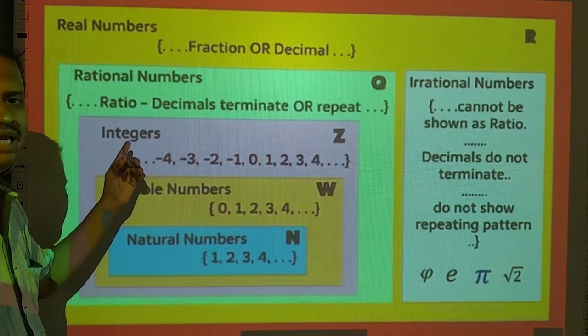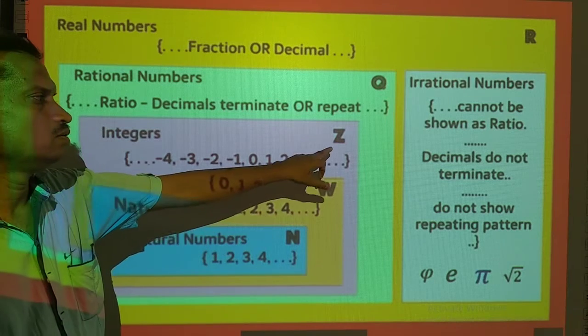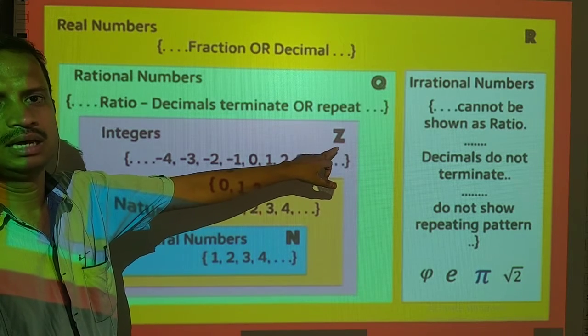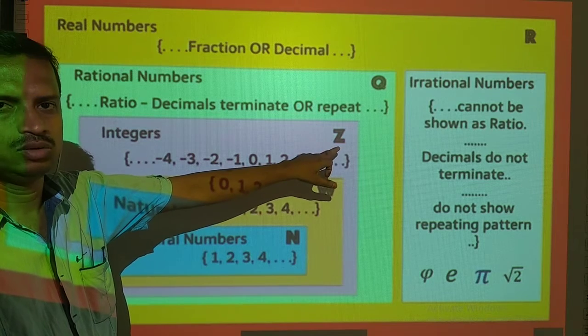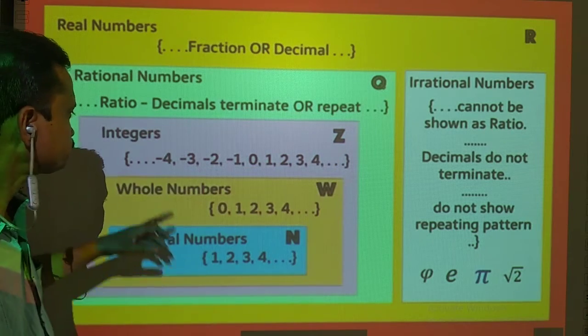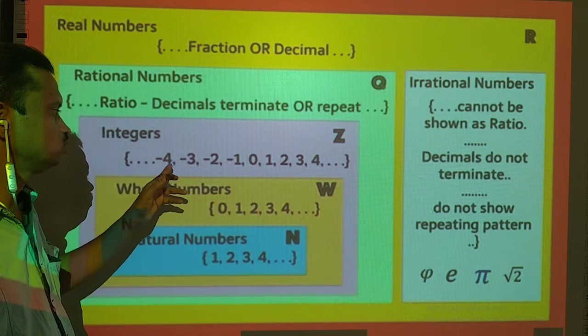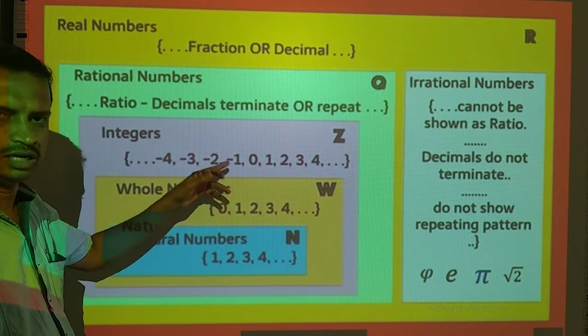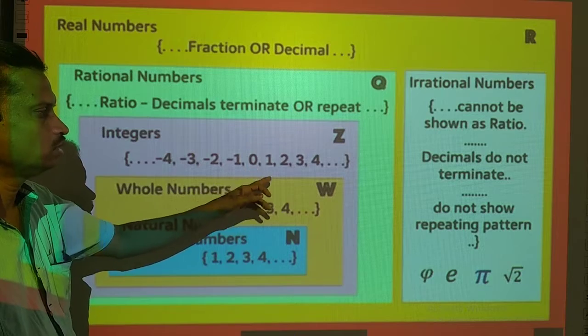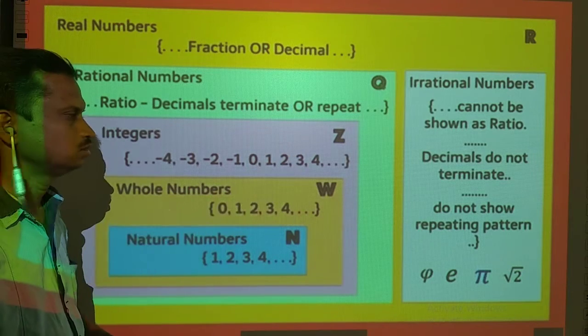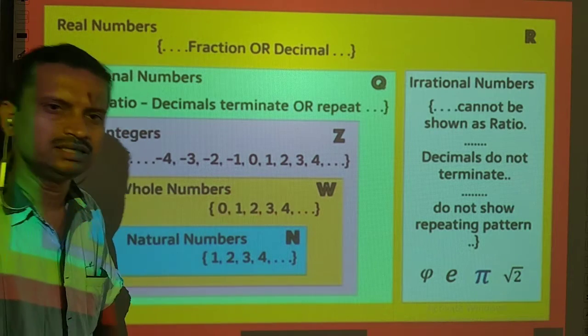And next, coming to integers, Z is the letter to denote integers. Starting from negative, minus 4, minus 3, minus 2, minus 1 and then 0, 1, 2, 3, 4, etc. So this is integers.